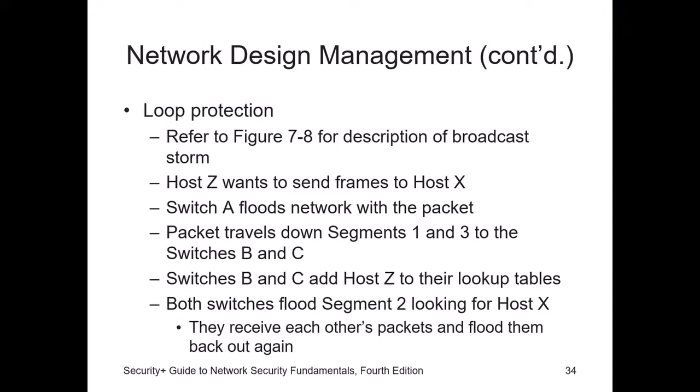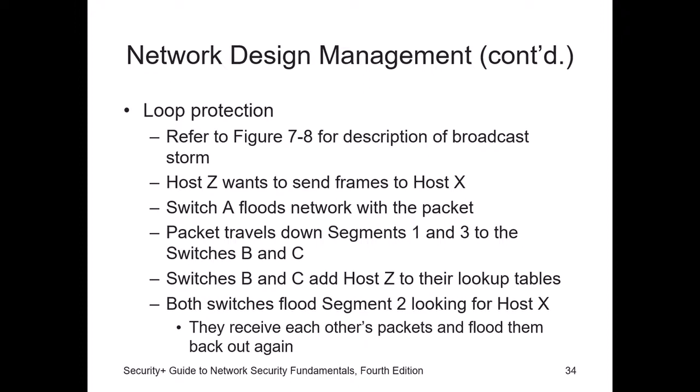Loop protection. Switches typically, when you connect two switches together with a link, we call that a trunk. That's fine, but the problem is what happens if that trunk fails? Then we've got a problem. So what we want to do is put another redundant link in there. If you put another redundant link in there, by default, the way the switches operate, you're going to have a loop.